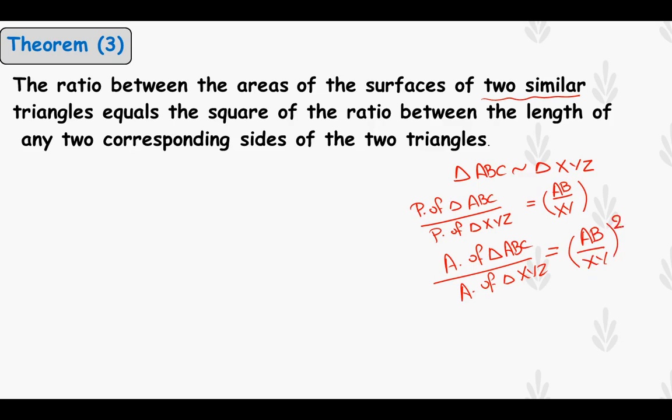The ratio between the perimeters of any two similar polygons equals the ratio between any two corresponding sides, but the ratio between the areas of two similar polygons equals the square of the ratio of the corresponding sides.